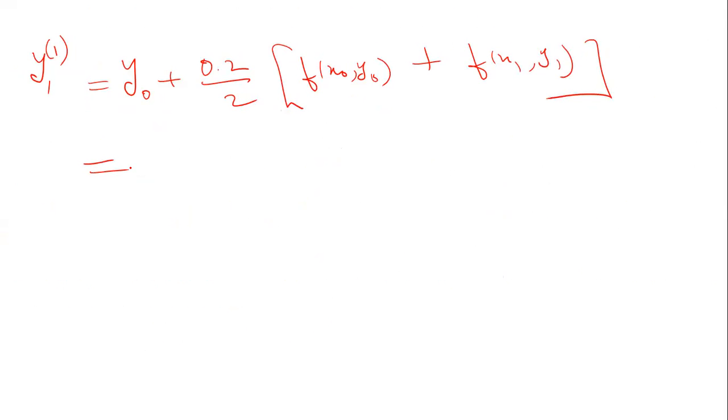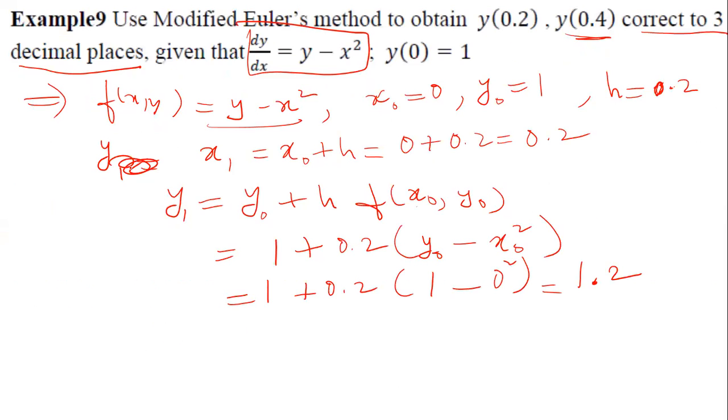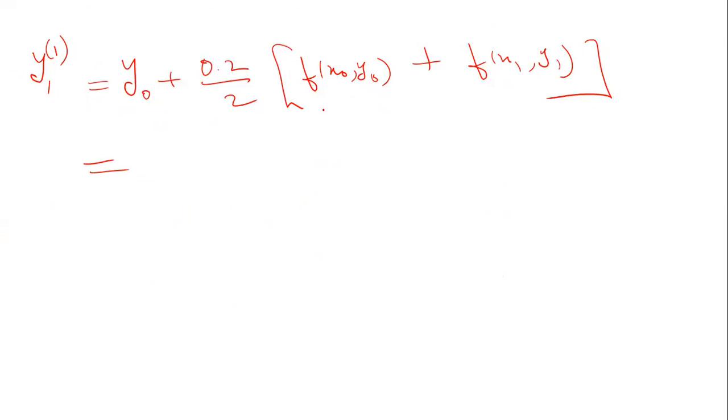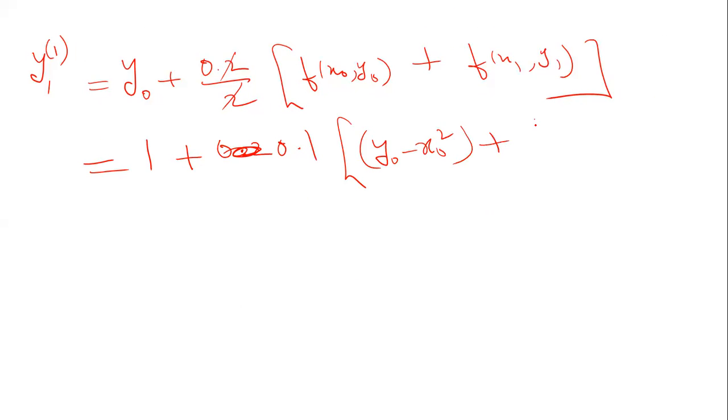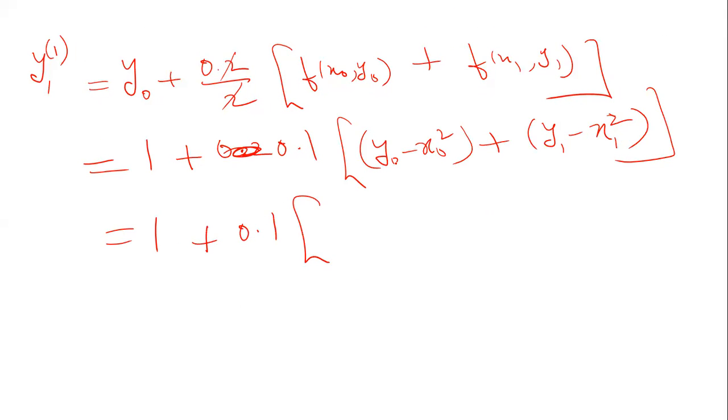So y naught is again 1, and our f of x, y is y minus x squared. So 1 plus 0.2 upon 2, this will be 0.1, times y naught minus x naught squared plus y1 minus x1 squared.